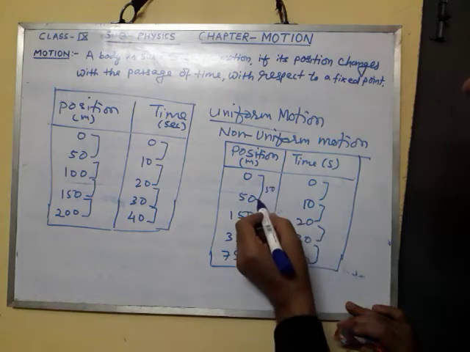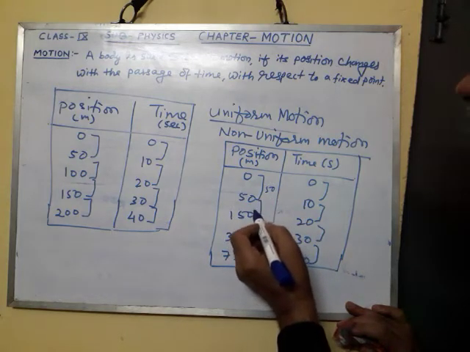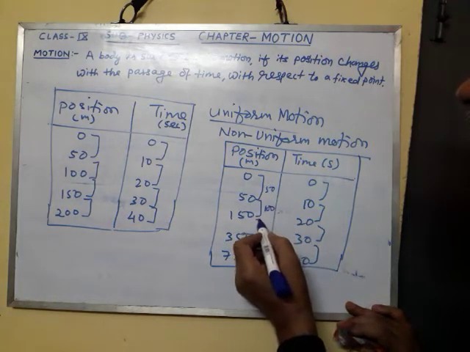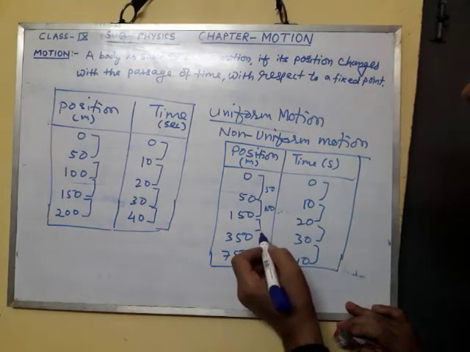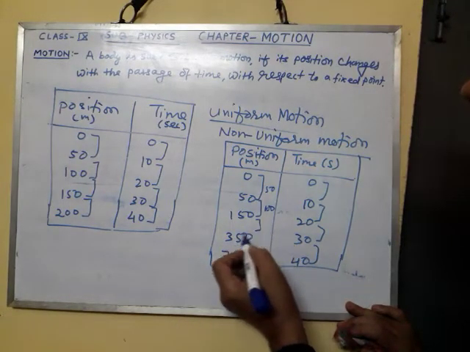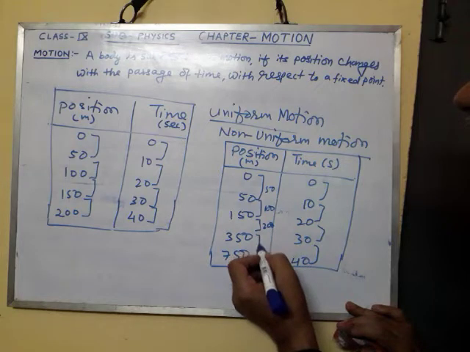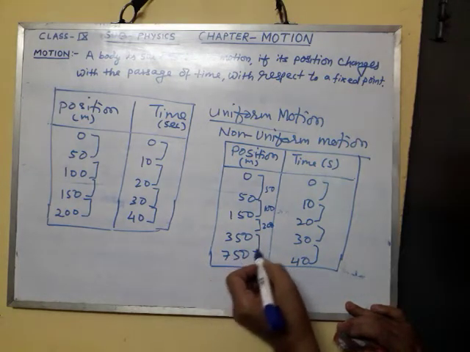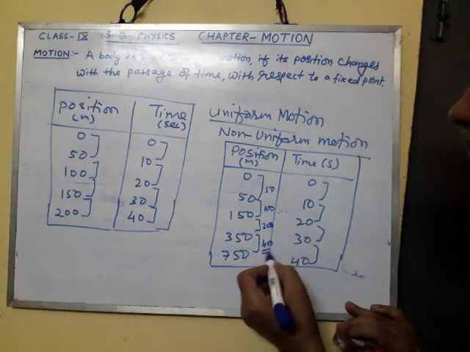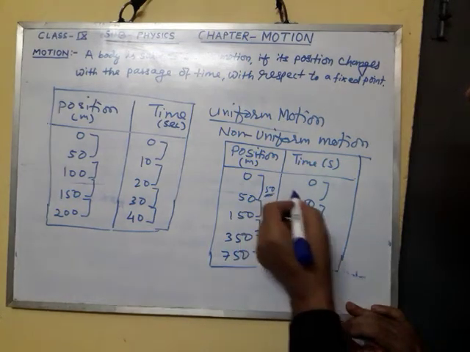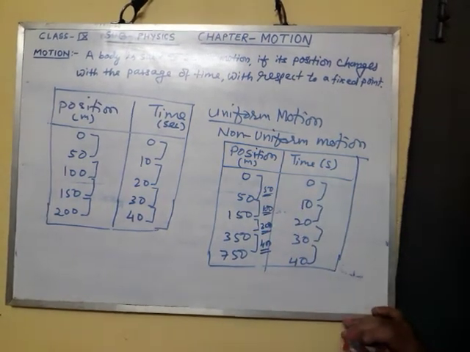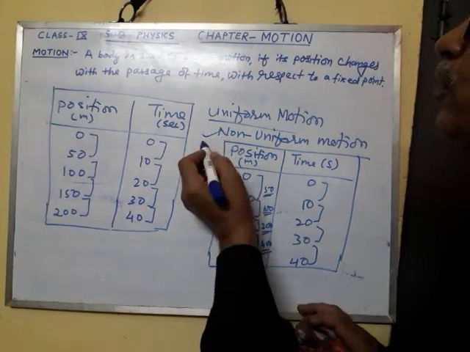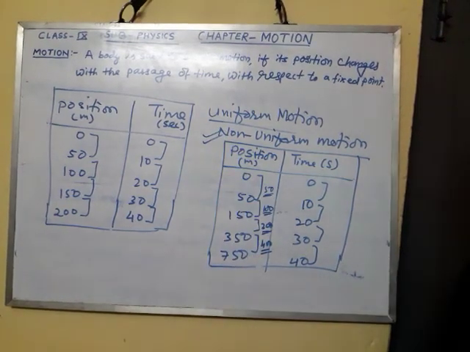This is 50, but here it is not 50, here it is 100. Here how much? 200. Here how much? 400. So you see that the change in position is different for equal time intervals. Therefore, this is an example of non-uniform motion.